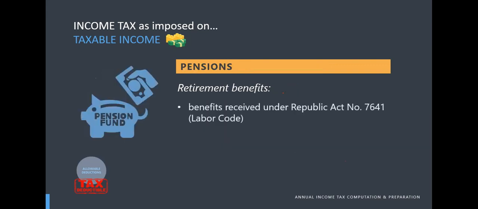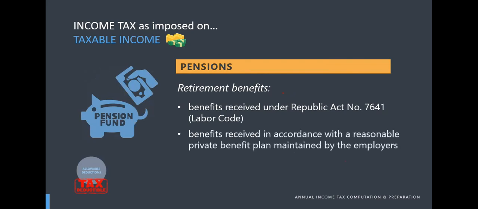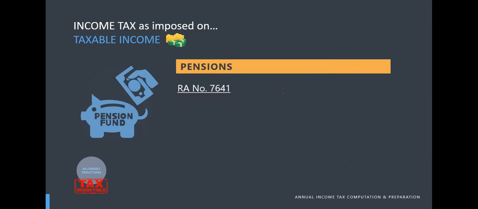Retirement benefits. There are two kinds of benefits: benefits received under Republic Act number 7641, and benefits received in accordance with a reasonable private benefit plan maintained by the employers.